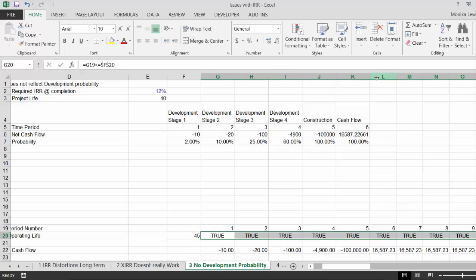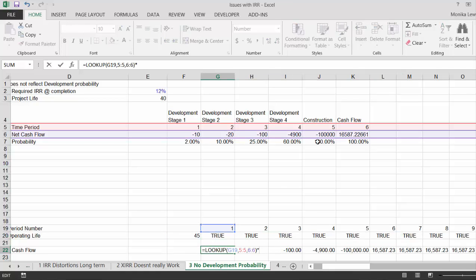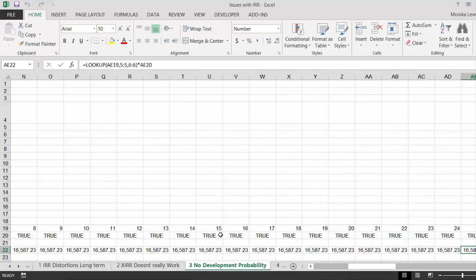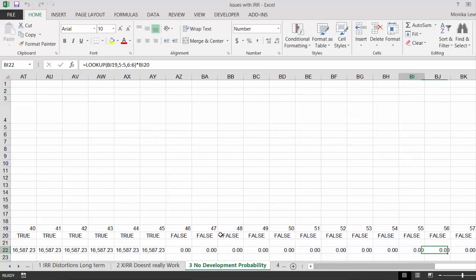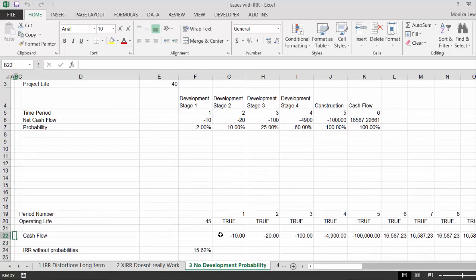We can multiply this by the switch. And then we can get all of this. If I missed one of the last cash flows, I don't really care right now.